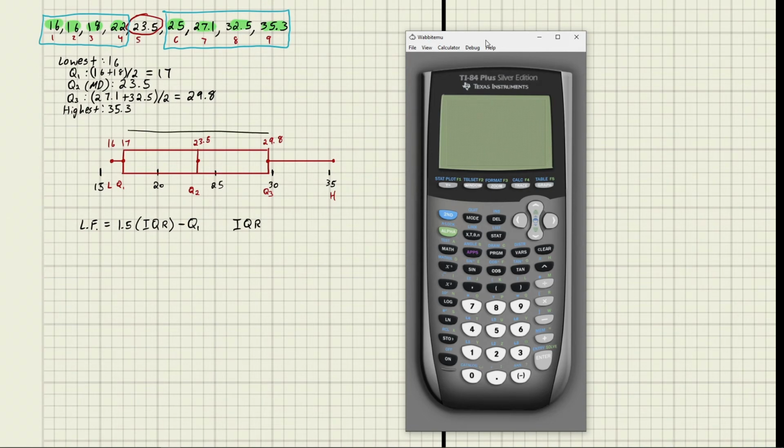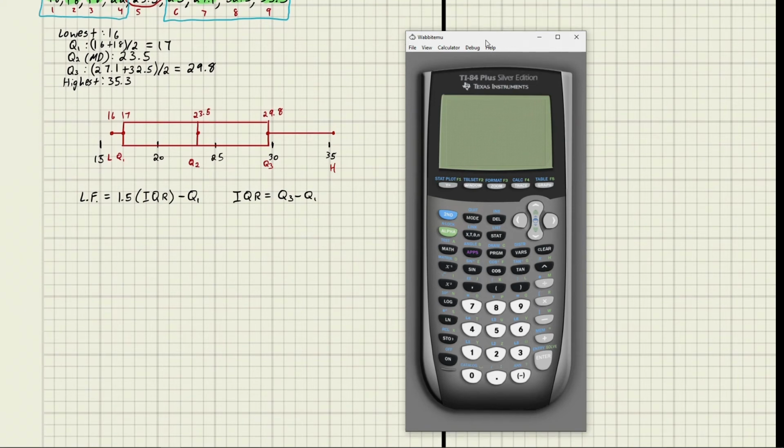It's the length of the quartiles. So if we start at quartile 3, we're going to go to quartile 1. So the interquartile range is going to equal quartile 3 minus quartile 1. You could just memorize that if you want to. This is going to give us numbers that are too low. If they're lower than this lower fence, then they're too low.